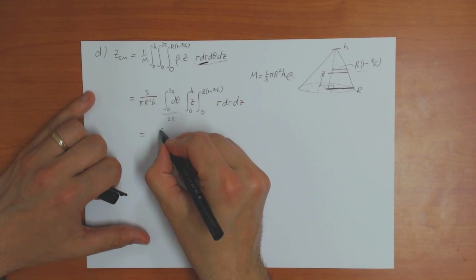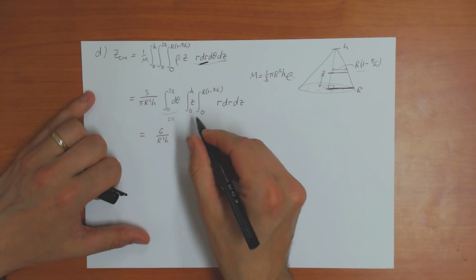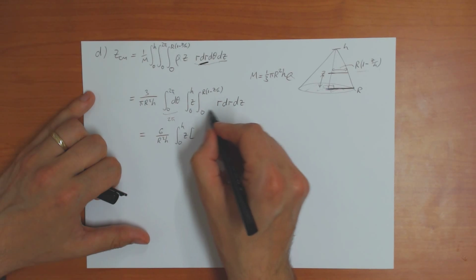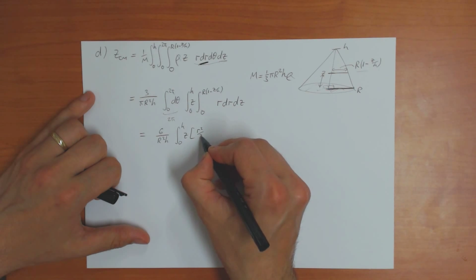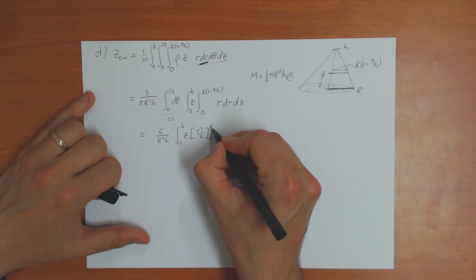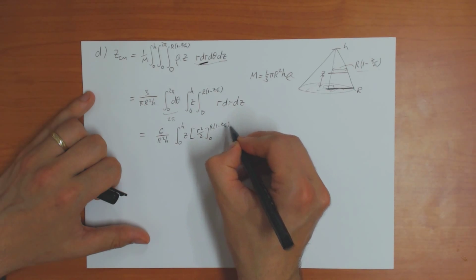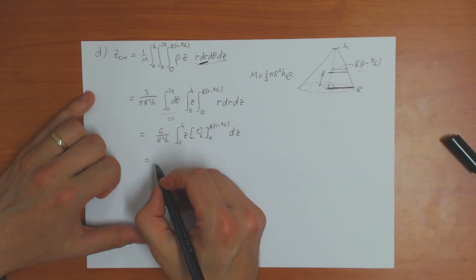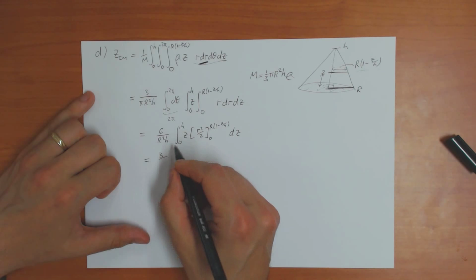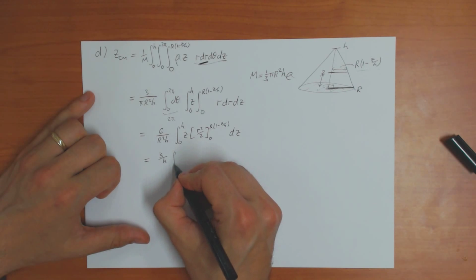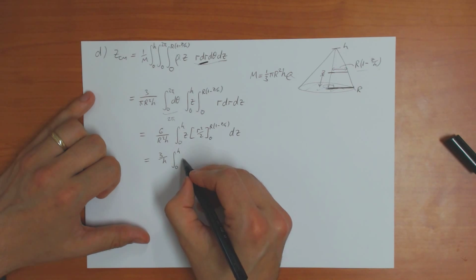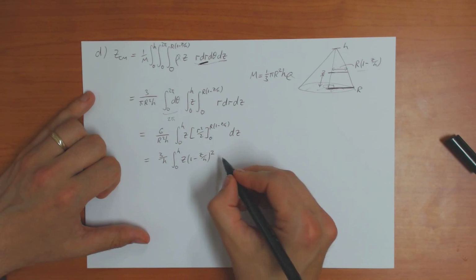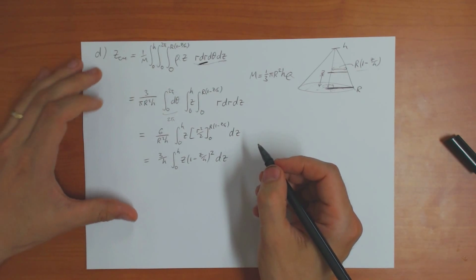So this gives you 6 over R squared h times the integral from 0 to h of z times this, which is r squared over 2, from 0 to R(1 minus z over h), dz, which is 3 over h times the integral from 0 to h of z times (1 minus z over h) squared dz.